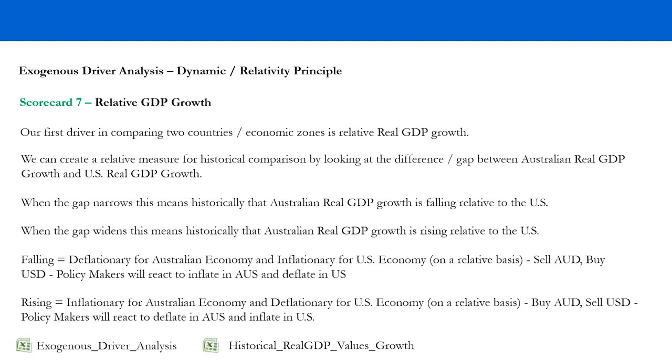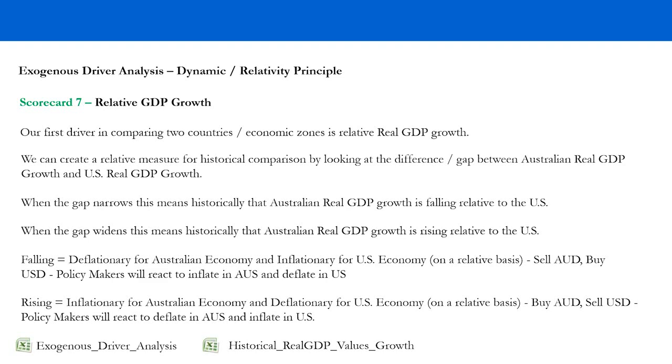So we create a relative measure for the historical comparison by looking at the difference or gap between Australian real GDP growth and US real GDP growth. When the gap narrows, this means historically that Australian real GDP growth is falling relative to the US. When the gap widens, this means historically that Australian real GDP growth is rising relative to the United States.